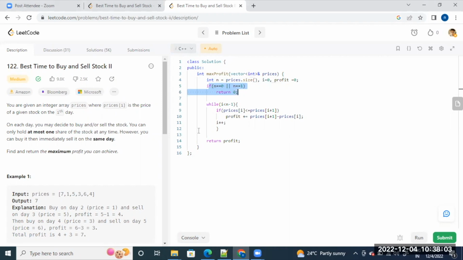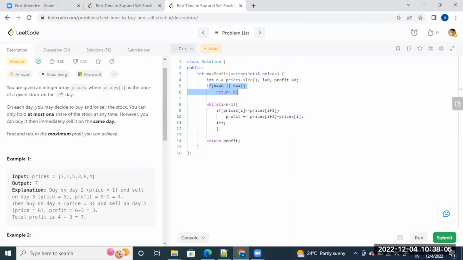Proceeding further, for all the above values we took the backward side, so we start with 1. Here it takes forward, i and i plus 1, going up to n minus 1. If someone has a doubt in line number 8 and line number 9, which calculate the profit, it is simple.